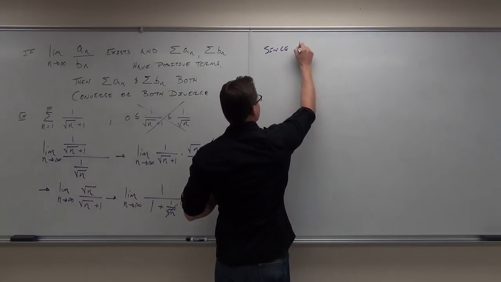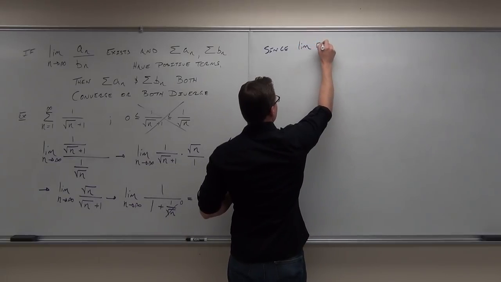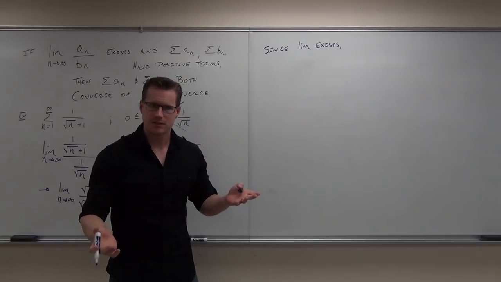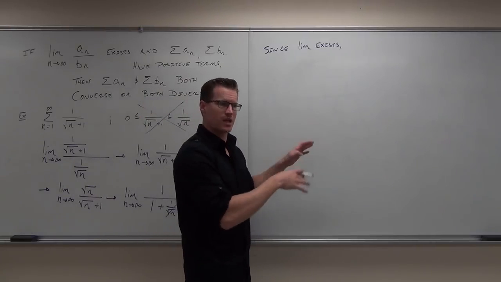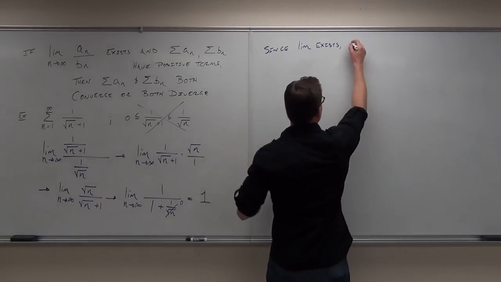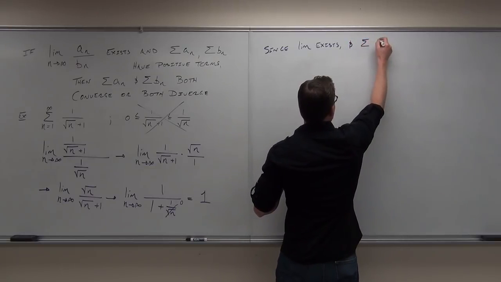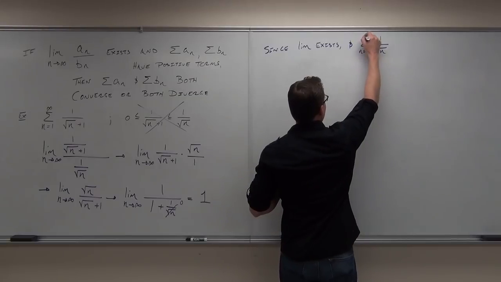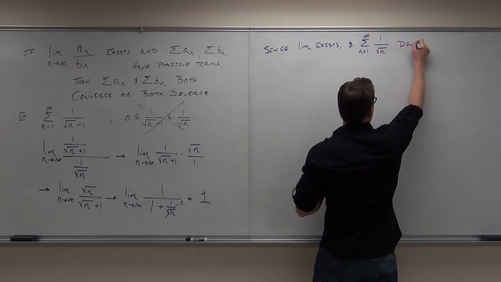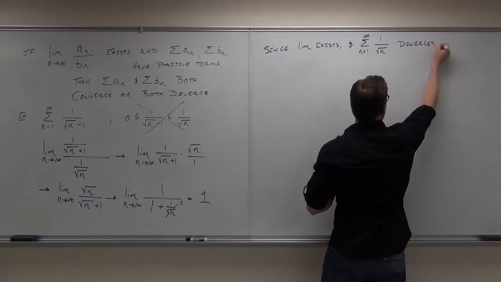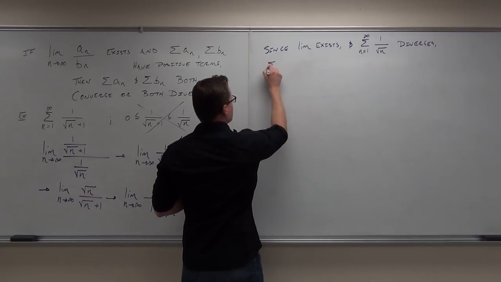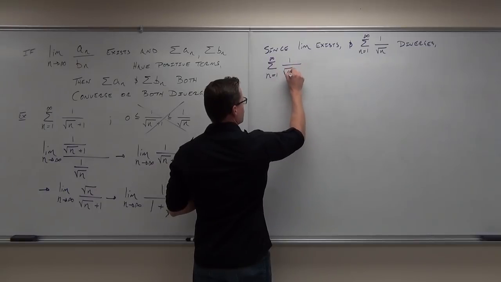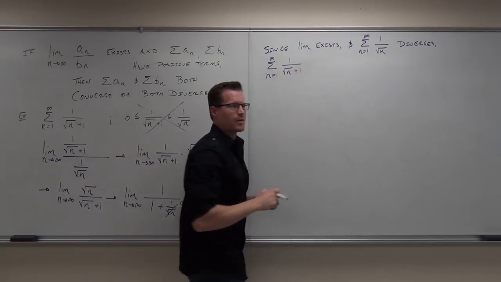since they both have positive terms, which they both do, we already checked that earlier, since the limit exists, and the series of 1 over the square root of n diverges, the series from 1 to infinity of 1 over the square root of n plus 1, tell me something about that one then.